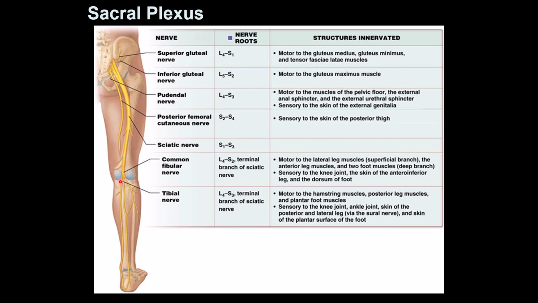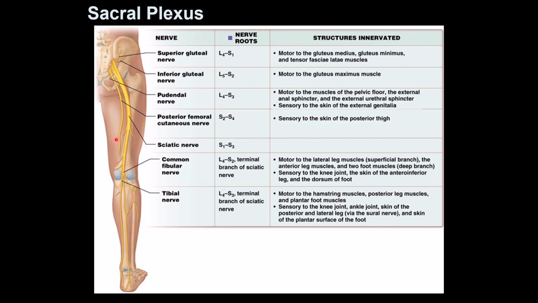The sciatic nerve is the biggest nerve in the body, running posteriorly, and then it divides into two nerves, the tibial nerve and the common fibular nerve. Both have sensory and motor functions. The common fibular supplies the anterior and lateral leg muscles and a little of the dorsal foot muscles, and the skin of the anterior leg and dorsal foot.